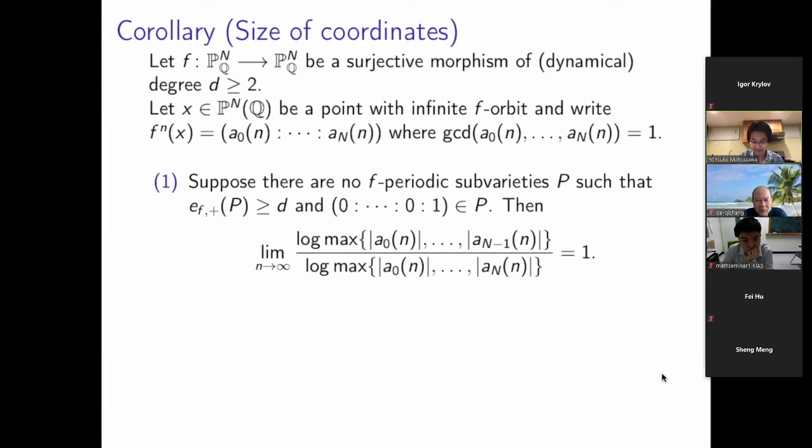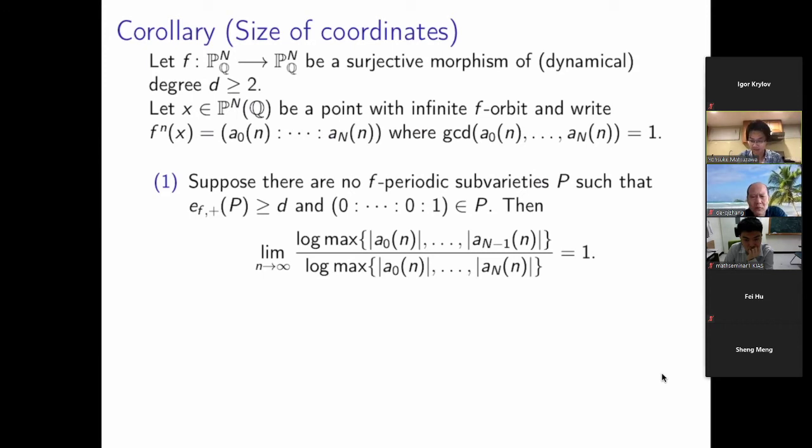Then this ratio, where the numerator is the log of the maximum of coordinates, but we don't take all coordinates, only 0 to n minus 1, and in the denominator we take all coordinates, goes to 1. This is kind of a generalization of Silverman's size of coordinates theorem.